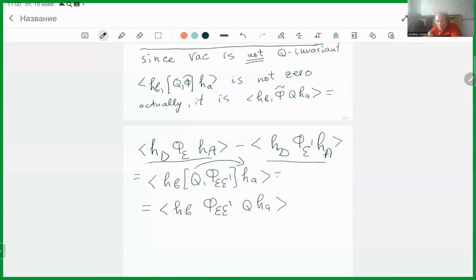is not zero. So naively, how can I argue that it is zero? I can replace the difference between phi E and phi E prime by phi associated with an interval. Now I take Q out of it and hit HA.